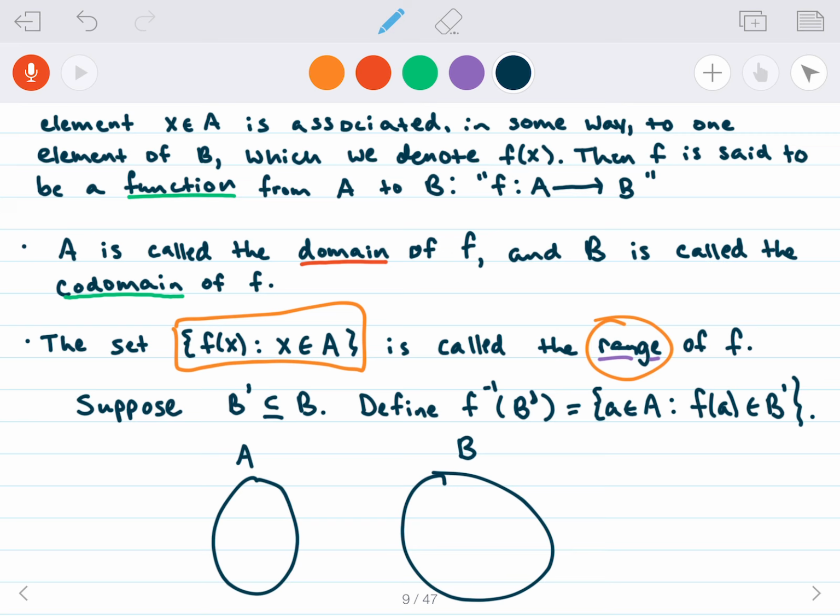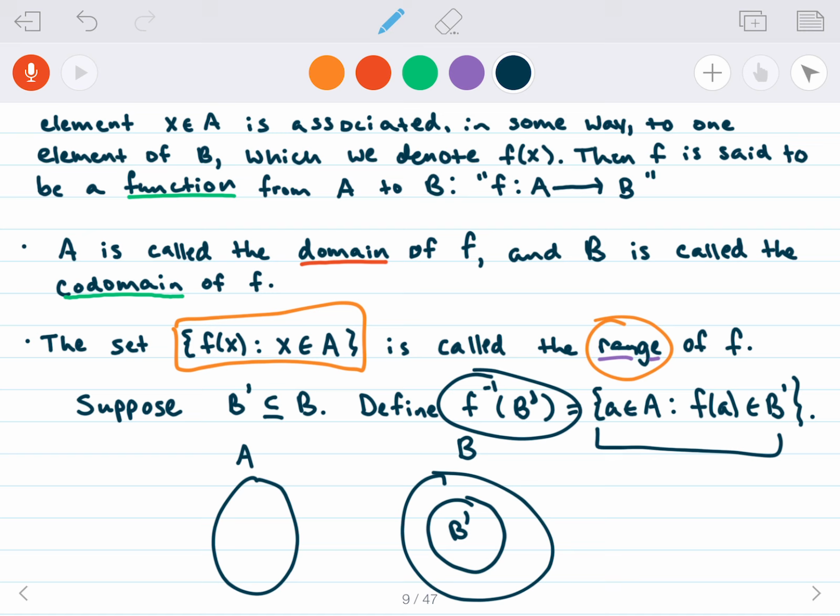Let's say that B prime is contained in B. So the inverse image of B prime is going to be all a's in A such that f of a is in B prime.